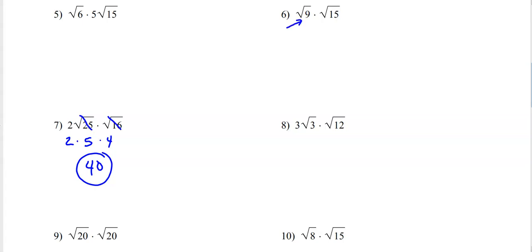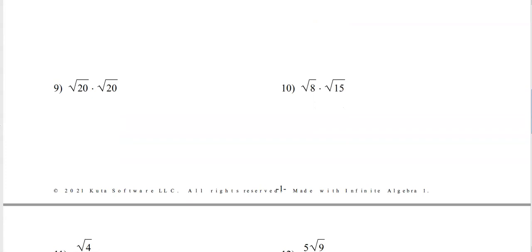Most of these look pretty straightforward. Maybe for number 10, I'll show you the split-up method. If I don't really want to multiply, one option would be to call this the square root of 120 and start working from there. But another option, if I don't like big numbers, is to start busting this up right away: the square root of 4 times the square root of 2 times the square root of 5 times the square root of 3.